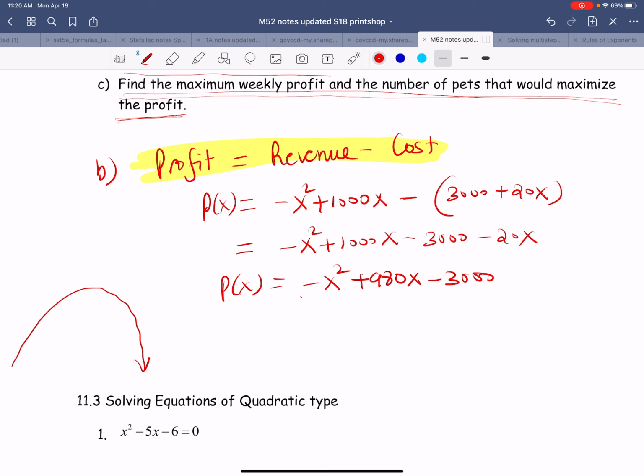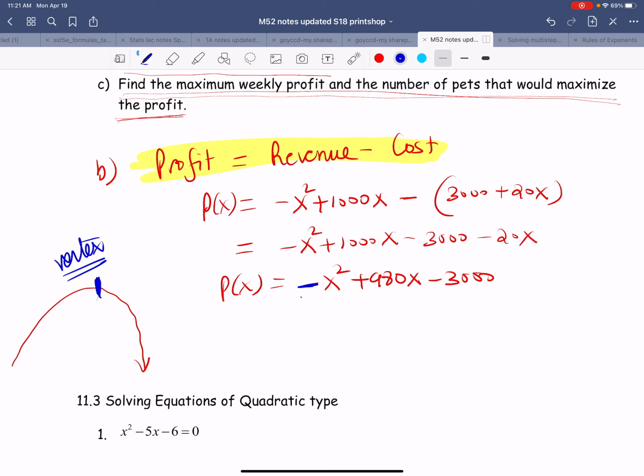Because it's a negative coefficient, the first number is negative, it's going to be a downward parabola. So at certain point, you do have a point where your profit is maximum, and after that point, it starts coming down. So we're trying to figure that point where the profit is maximum. And in terms of graph, this is called the vertex of the parabola. So vertex of the parabola is what we're looking for.